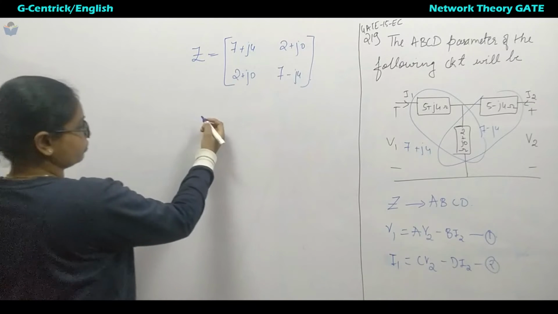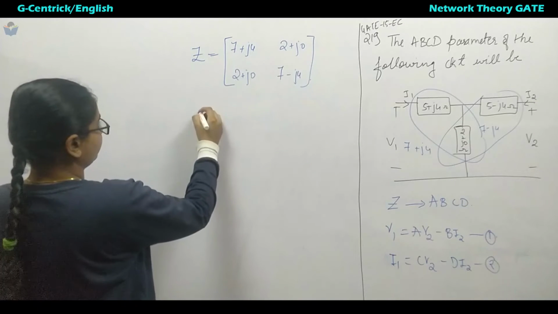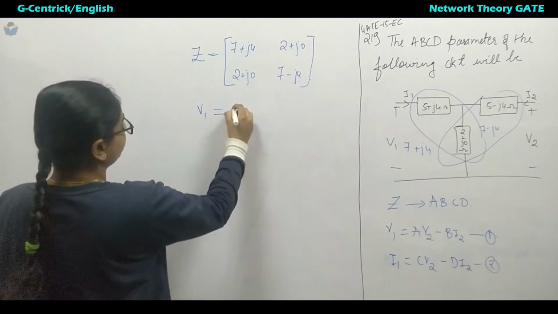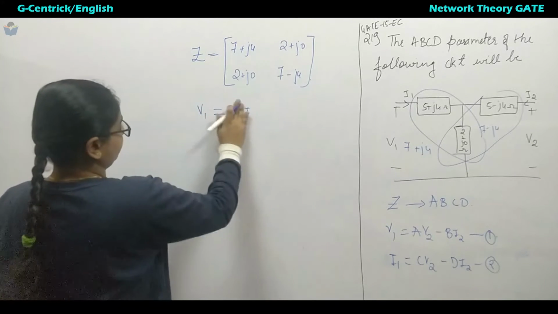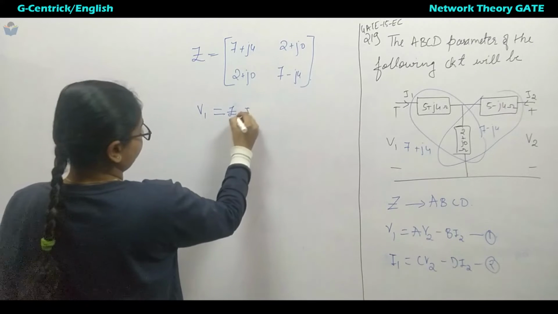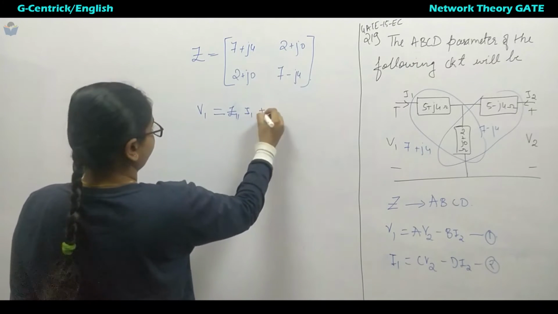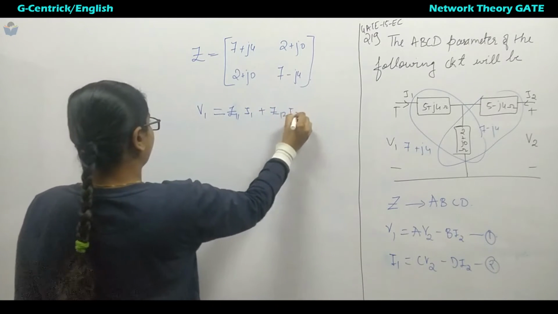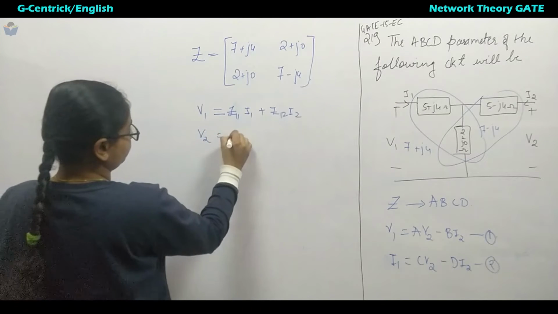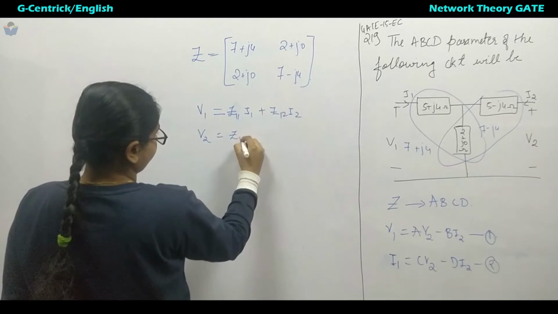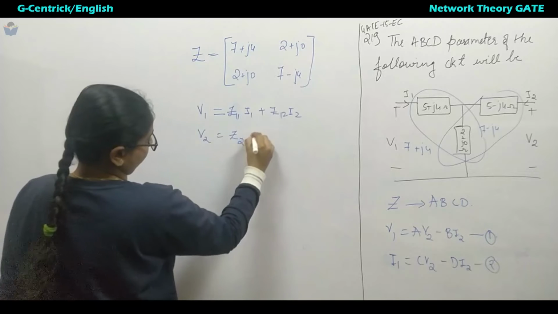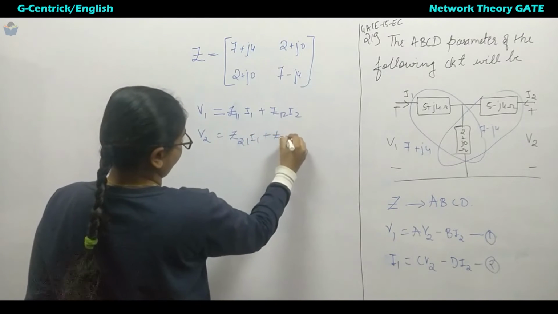Now what are the equations of the Z parameter? It is V1 equal to, it is not AI1, Z11 I1 plus Z12 I2. Then V2 equal to Z21 I1 plus Z22 I2.